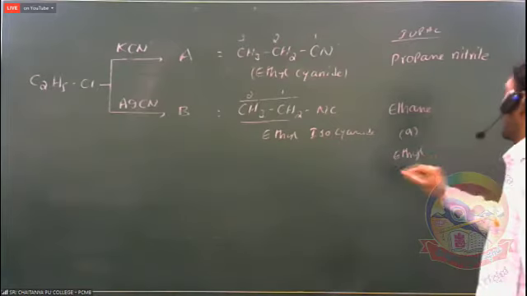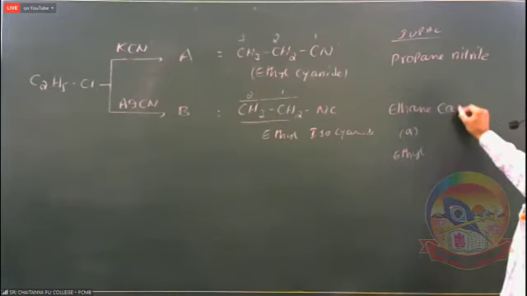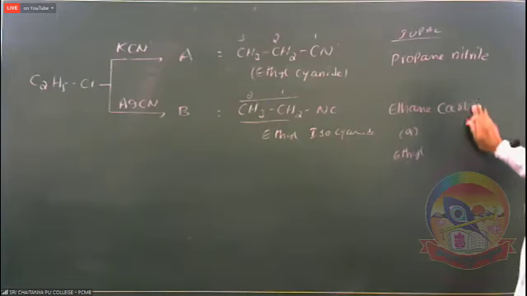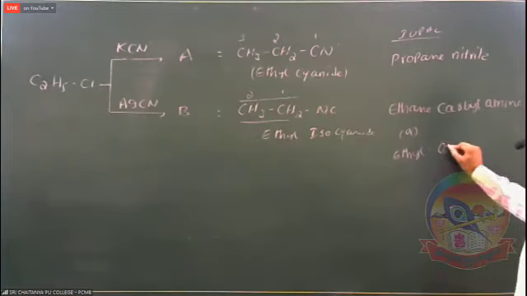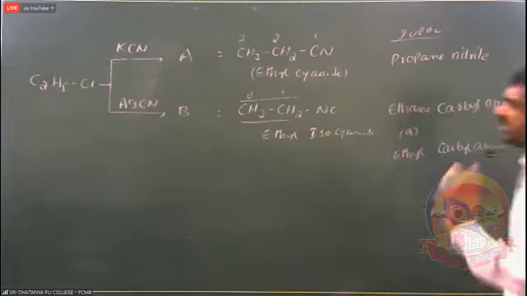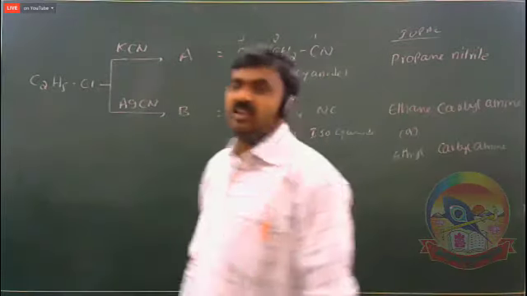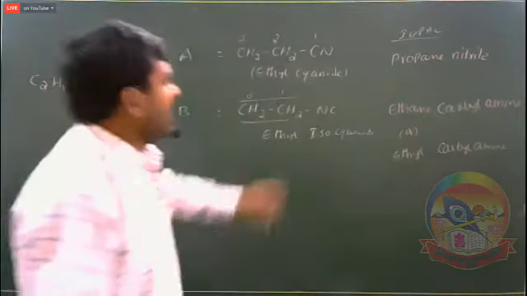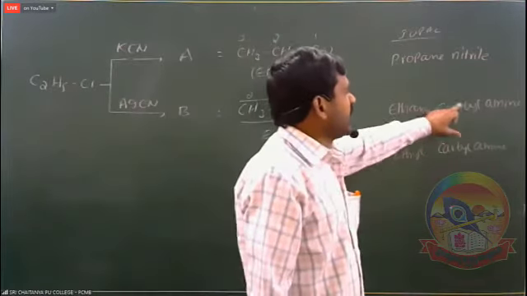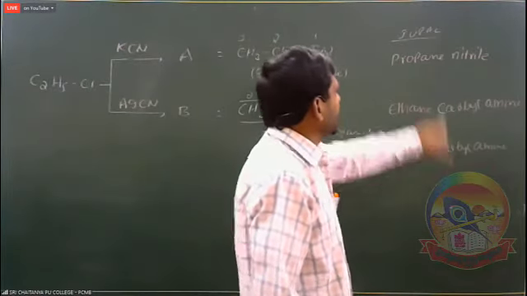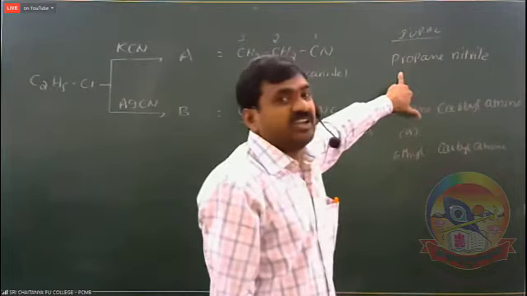So the IUPAC name of isocyanides is alkane carbylamine or alkyl carbylamine. The IUPAC name of cyanides is alkane nitrile.